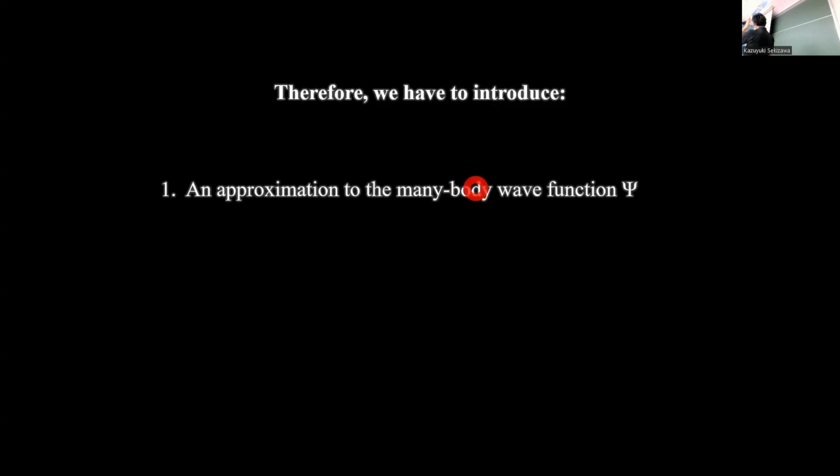But anyway, therefore, we have to introduce two approximations. One is an approximation to the many-body wave function psi. The many-body wave function contains too much information, and we have to introduce some approximation to handle this problem.